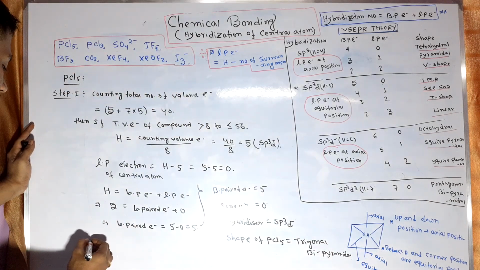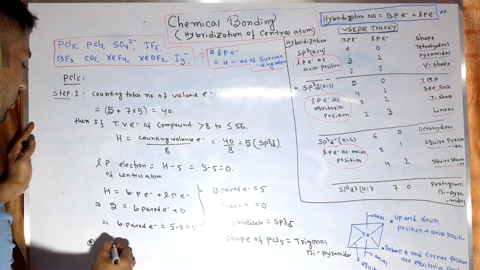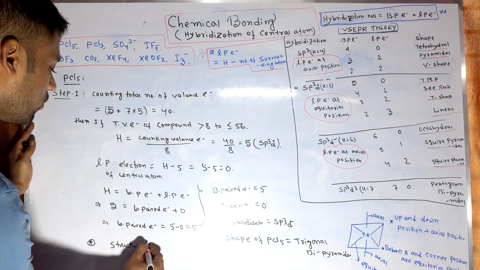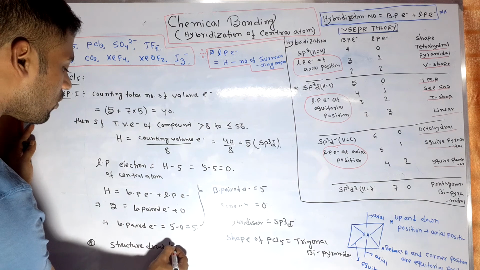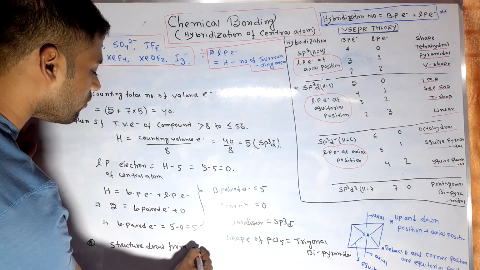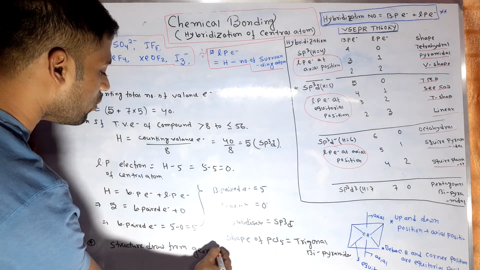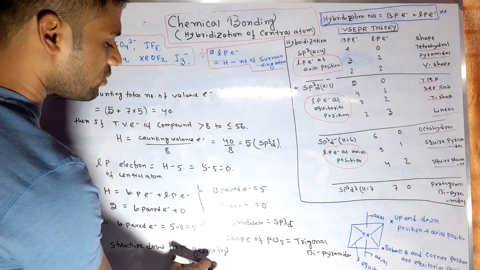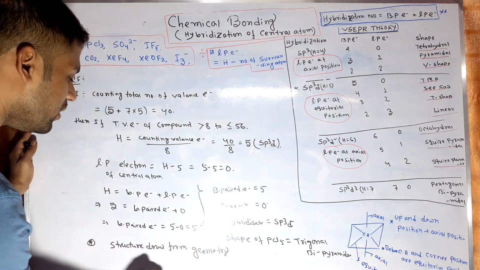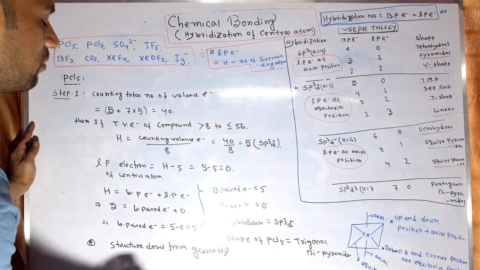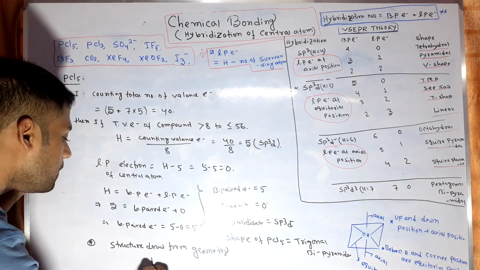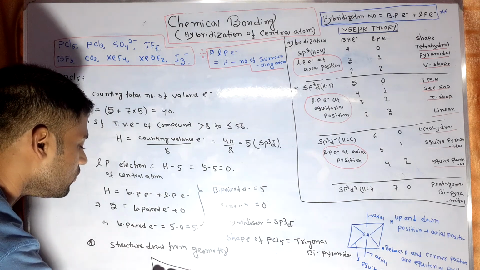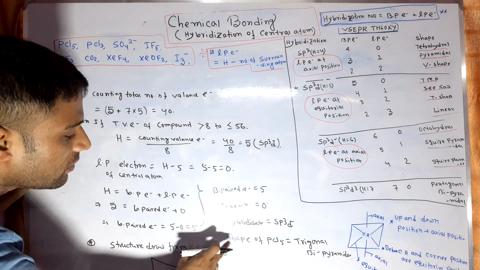We previously said the structure is always drawn from the geometry. If lone pair is 0, then shape and geometry are also the same. Structure is drawn from geometry. What is the structure of trigonal bipyramidal? This is the trigonal bipyramidal.